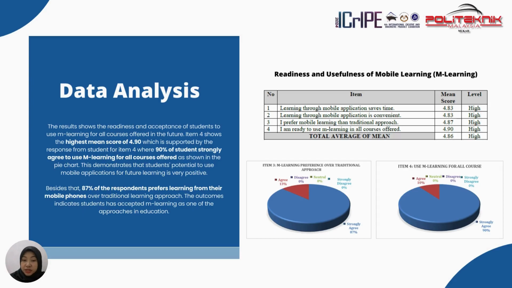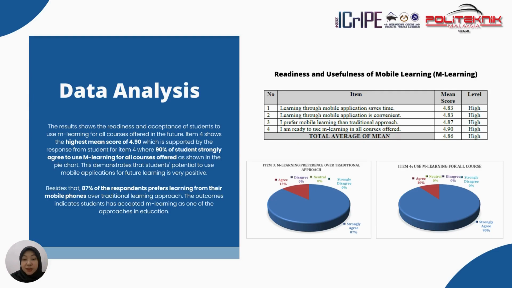This can be concluded from the highest mean score of 4.9, which is then supported by the response from the students for item 4, where 90% of students strongly agreed to use M-learning for all courses offered. This demonstrates that students' potential to use mobile applications for future learning is very positive.